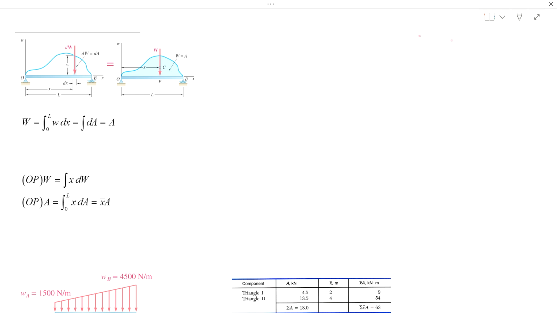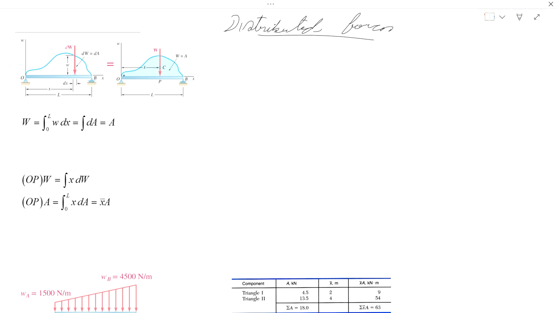So we're going to talk about a new concept here, which we're going to call distributed forces. In distributed forces, we can conceptualize a system where, say, we have a car on a beam.